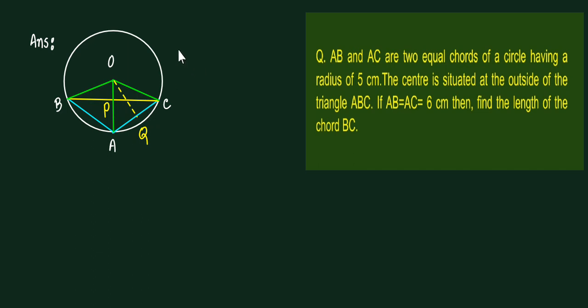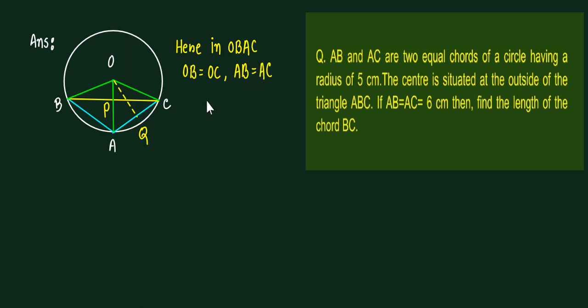So we can start with quadrilateral OBAC. Here in OBAC, OB equal to OC, both are the radius, and AB equal to AC.